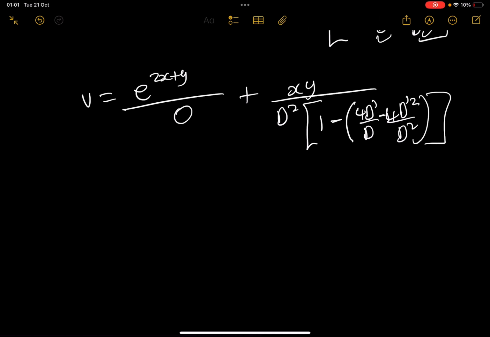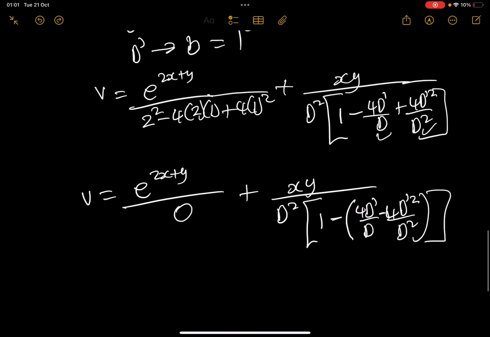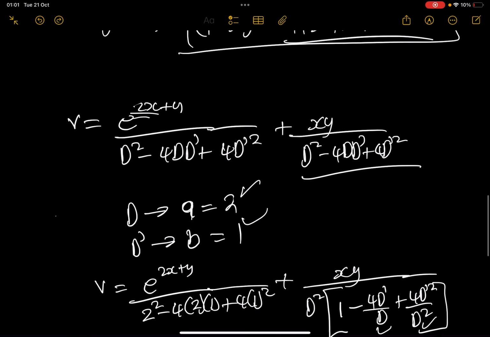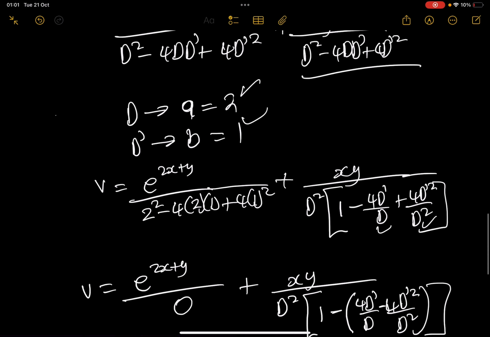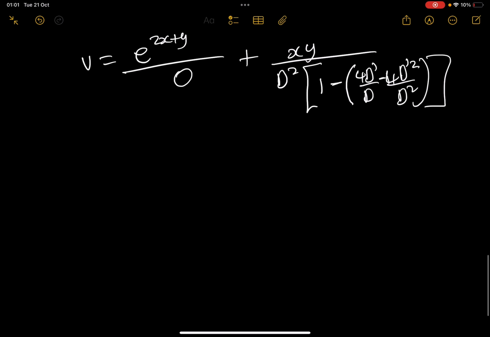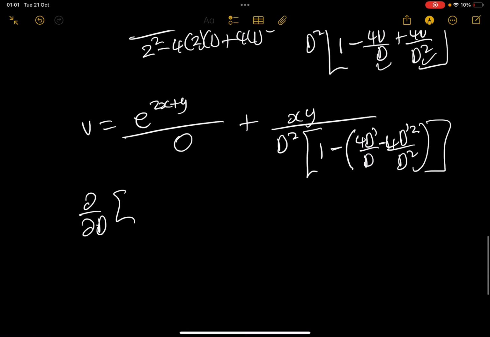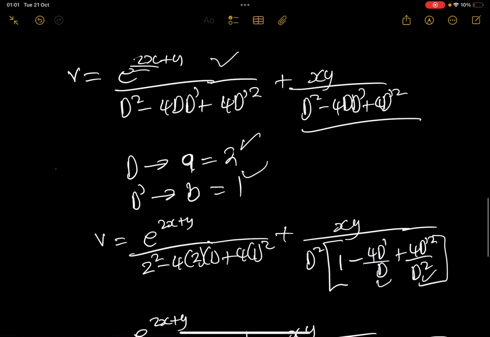Since here we have 0, we need to do something to the original expression. Since we have 0 here, we are going to differentiate the denominator with respect to D, the denominator of the exponential function.